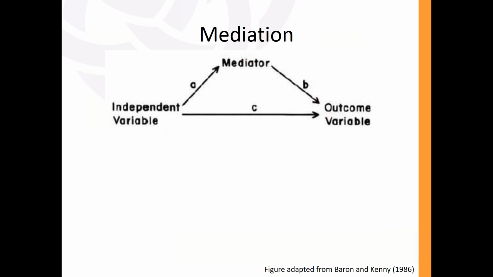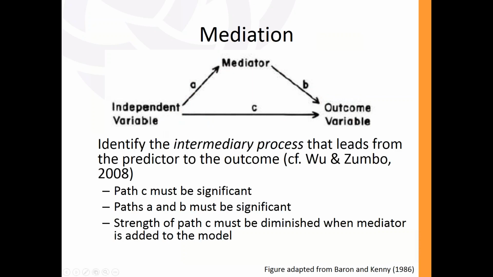So it's kind of like this detour, if you will, going around path C, and it goes from the independent variable to the mediator to the outcome. So the idea is that in mediation, you're identifying an intermediary process that leads from the predictor to the outcome. And like I said, kind of a detour.